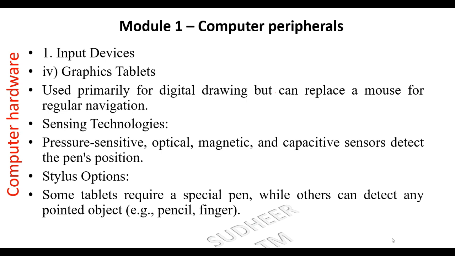Okay, so there are some screens like a flip screen. That screen you can use as an output device, and at the same time as an input device also. You can write over there with your finger. No need for a stylus like this.